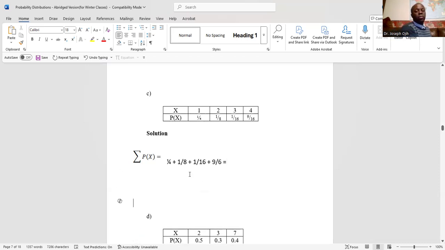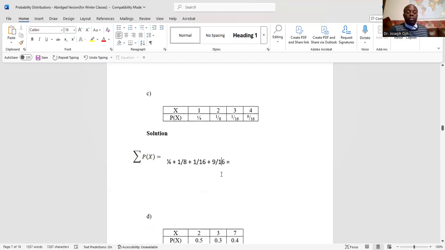So let me write this down so we can go and add it on the calculator. 1 over 4 plus 1 over 8 plus 1 over 16. Number 16, sorry, my mistake.